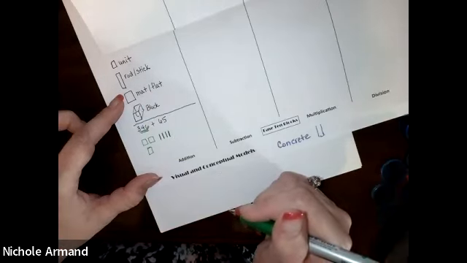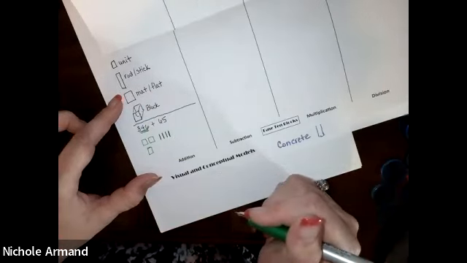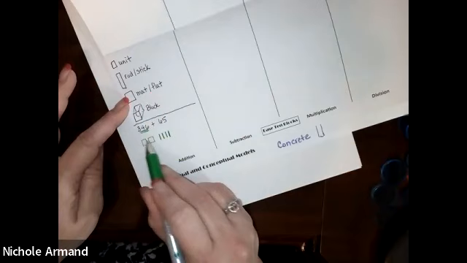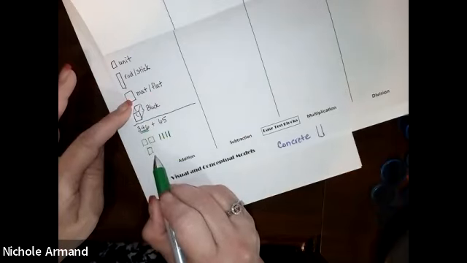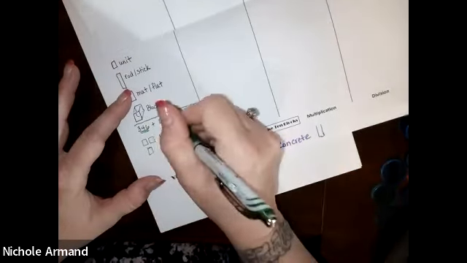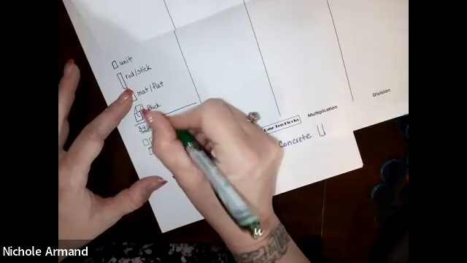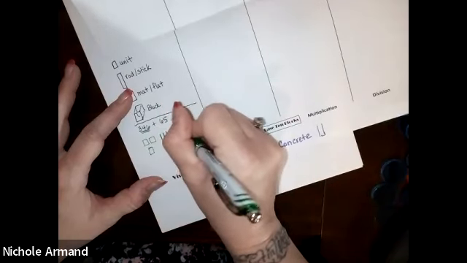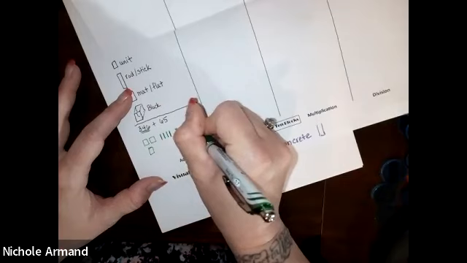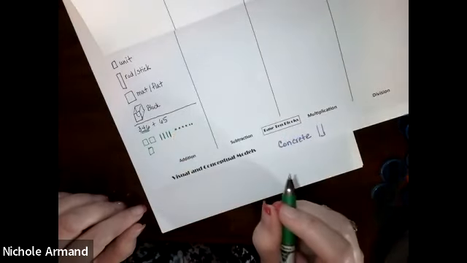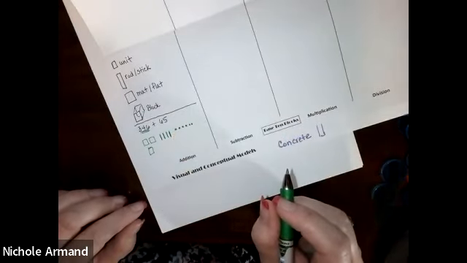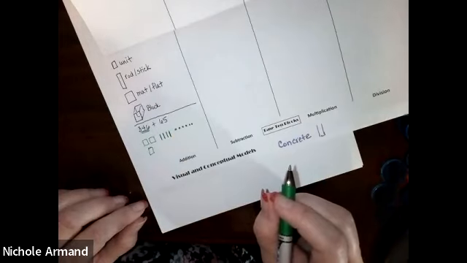If you want to draw out perfect little squares, that's okay, but they need to be smaller than the 100 mat, right? 6 of these, 1, 2, 3, 4, 5, 6. All right, so that's how you represent 346 in base 10 blocks.